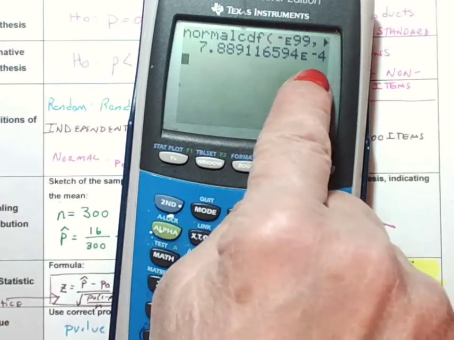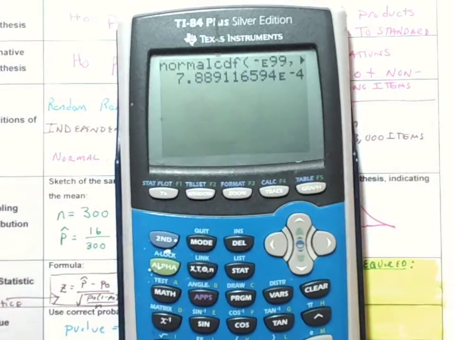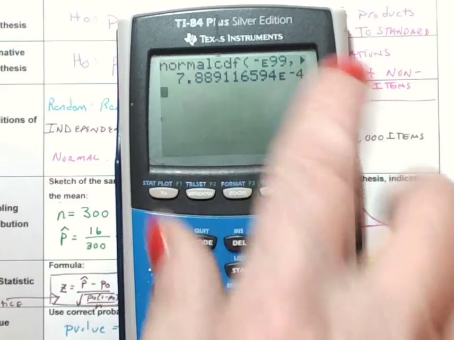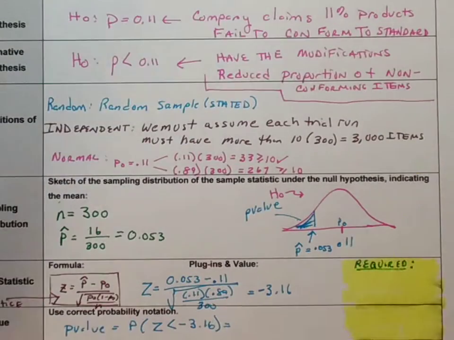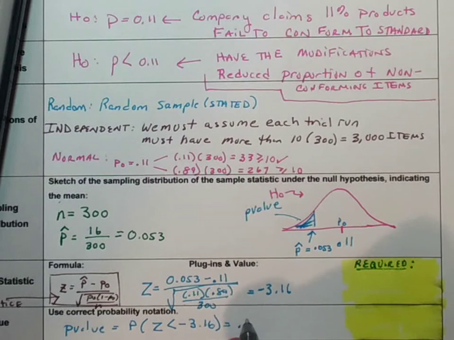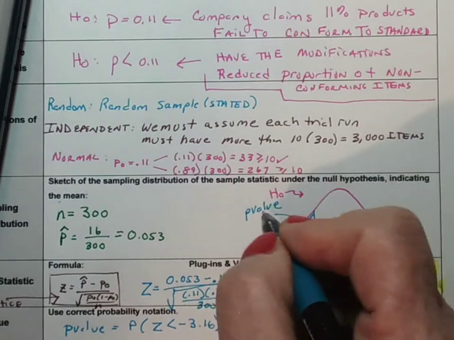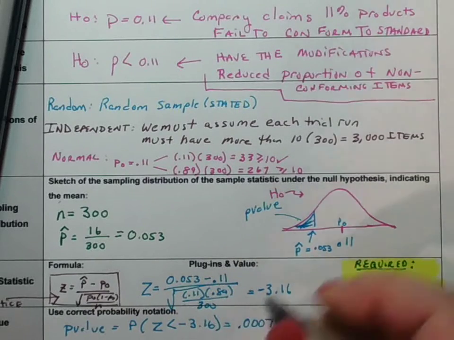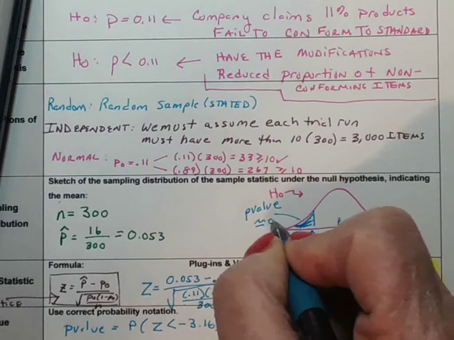All right, now notice that this is not 7%. This is exponential notation. So my p-value is 0.00079, because that was an exponential notation. And then I always put it over here. This is essentially 0, so this is approximately 0.